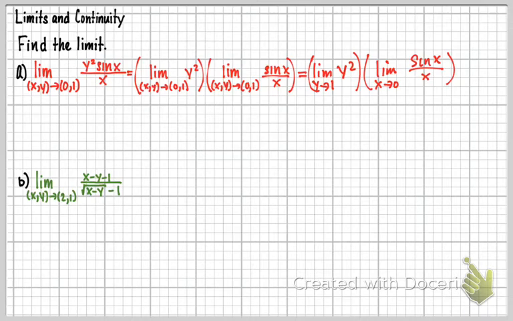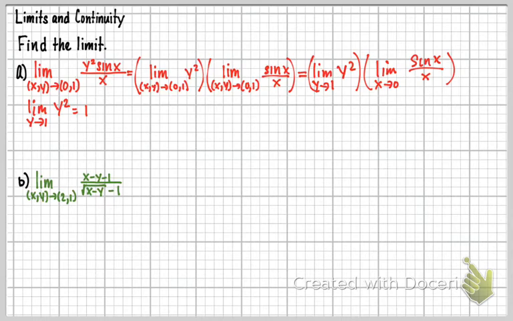So we're going to take that first limit, as y goes to 1 of y squared. That's a polynomial, and since I'm going to 1, it just equals 1 squared, which equals 1. So that limit does exist, and it's a finite number. That's good. Hopefully we get the same thing with the other limit.